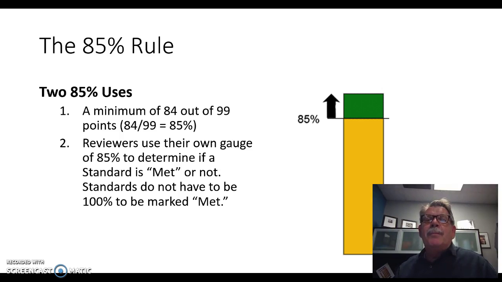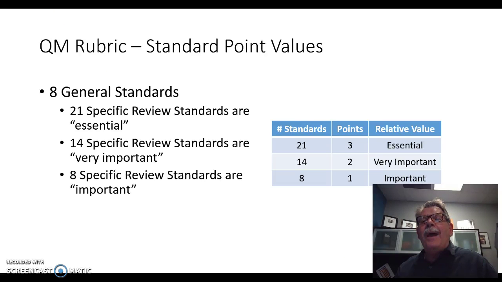It doesn't have to be perfect, but does it meet 85%? That's sometimes hard to get agreement on, which is why reviews often have more than one person in them.